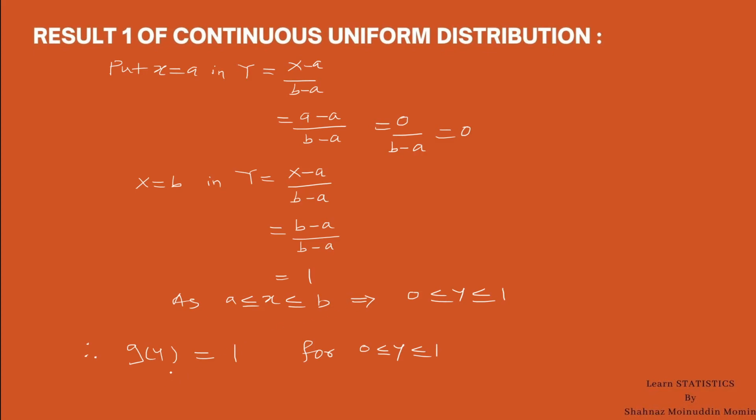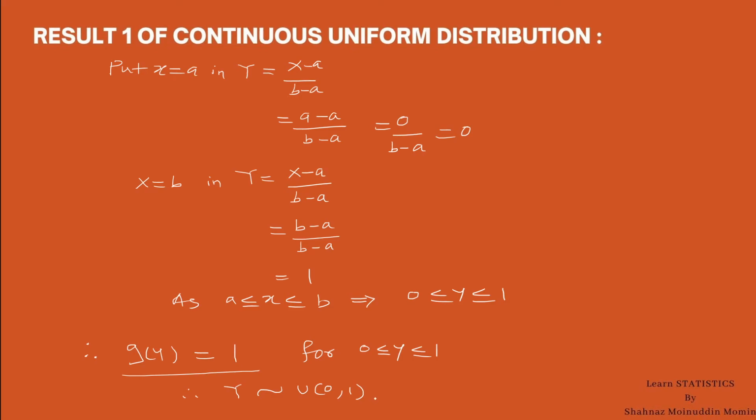And hence, from this expression, we see that the PDF of y is uniform 0, 1. Therefore, y follows the uniform distribution over 0 and 1.